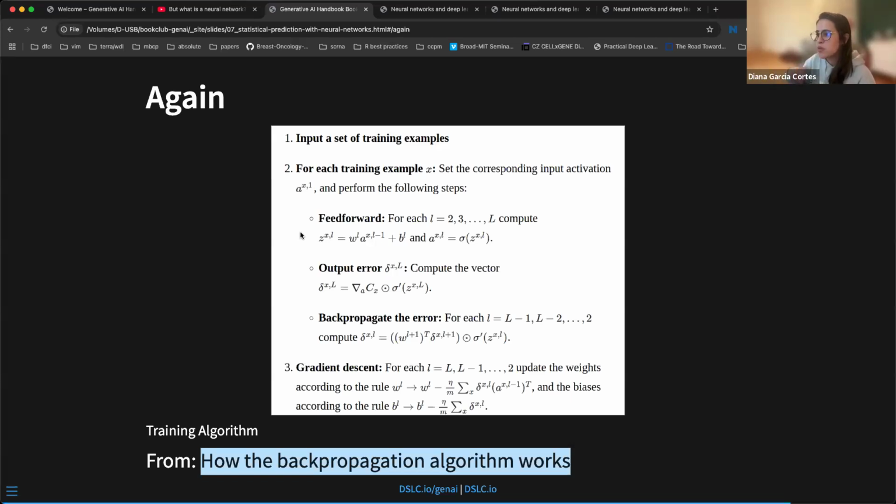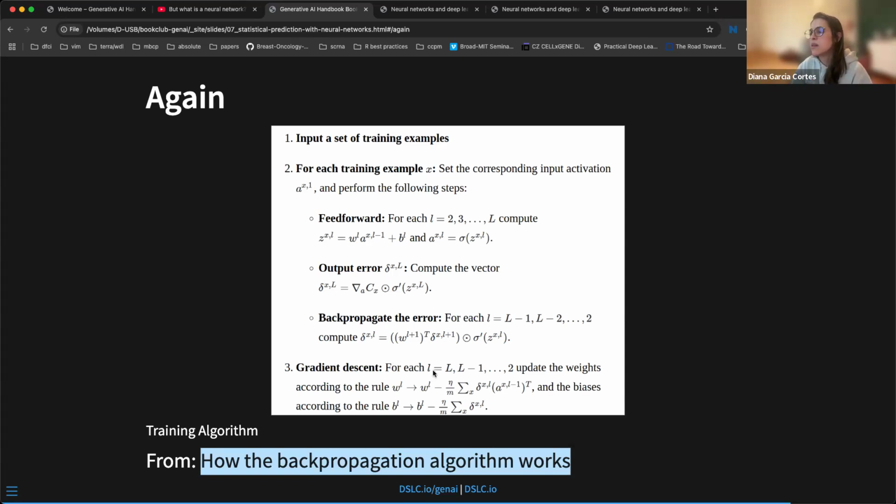We get the output. We compute the cost of that pass. Then we found the derivatives, and we do the back propagation to find our new weights and the new biases.